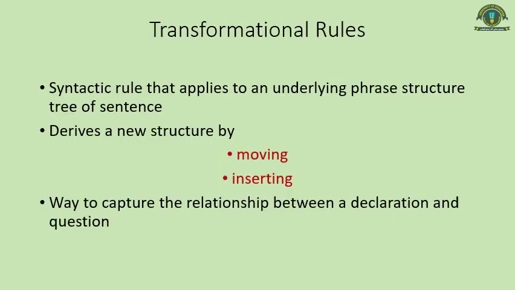Let's look at the transformational rules. A transformational rule is a syntactic rule that is applied to an underlying phrase structure tree of a sentence. It derives a new structure by moving or inserting elements.